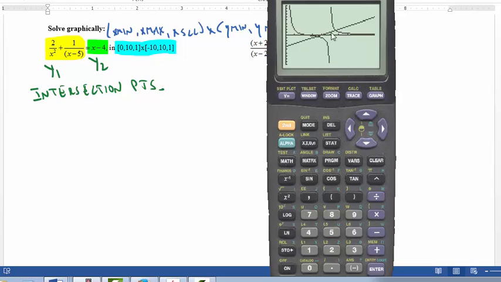And here's my two intersection points. So my intersection points here are going to be, right, I have to do second trace, which is calc, number 5. And then first curve is just going to be your y1. Second curve is going to be your y2. And then when it says guess, move it close to the intersection, hit enter again. So there's one intersection. So 5.636.